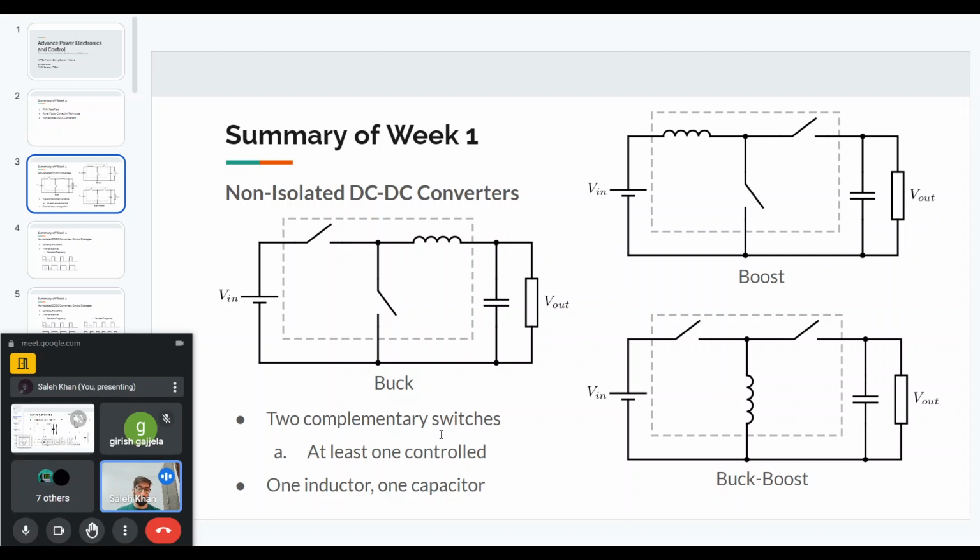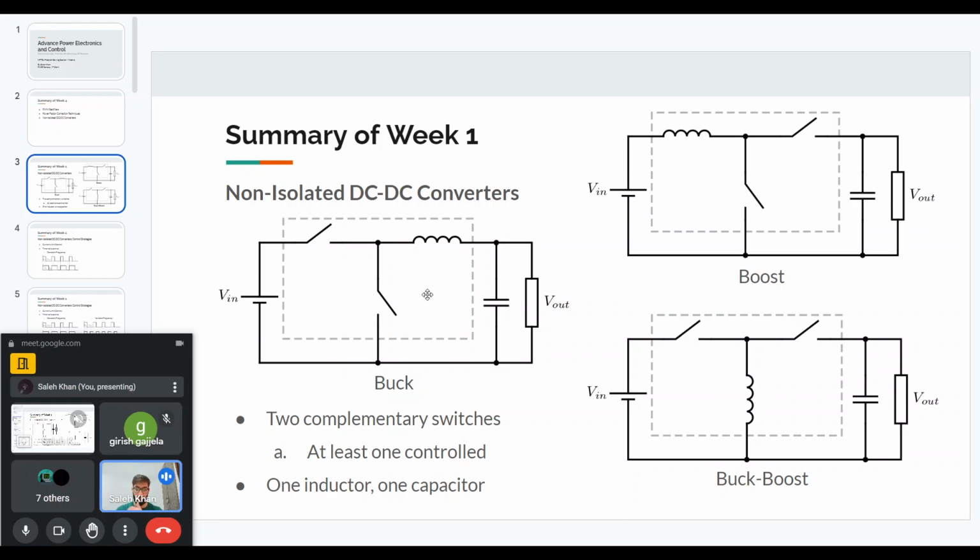And at least one of these switches has to be a controlled switch. That means we should be able to turn it on when we desire. Both of them cannot be diodes, because a diode is an uncontrolled switch. One of them has to be a controlled switch like a thyristor, a MOSFET, an IGBT, or a BJT.